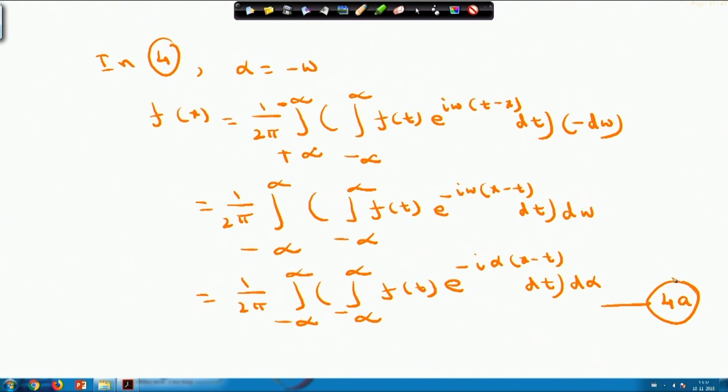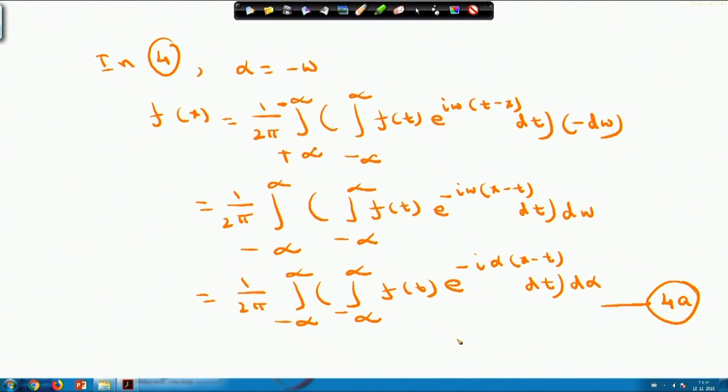Earlier I used equation 4 and obtained equations 9 and 10, which are the Fourier transform of the function f(x) and the inverse Fourier transform of the function capital F(alpha).